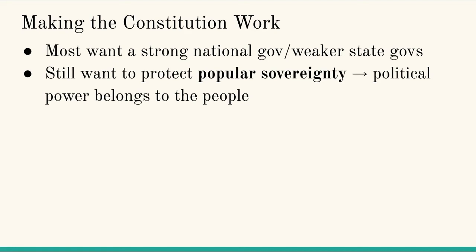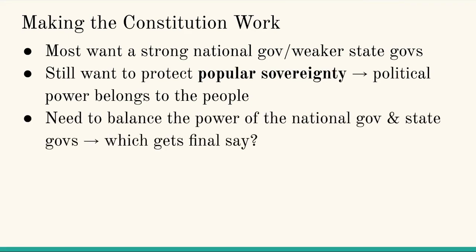That's an Age of Enlightenment type of idea. We talked about that with our last set of notes. So the convention, as they're drafting this document, they need to find that happy medium of balancing power out between a stronger national government that can be a little more effective than what they were under the Articles of Confederation and still respect that state level sovereignty that so many people want.